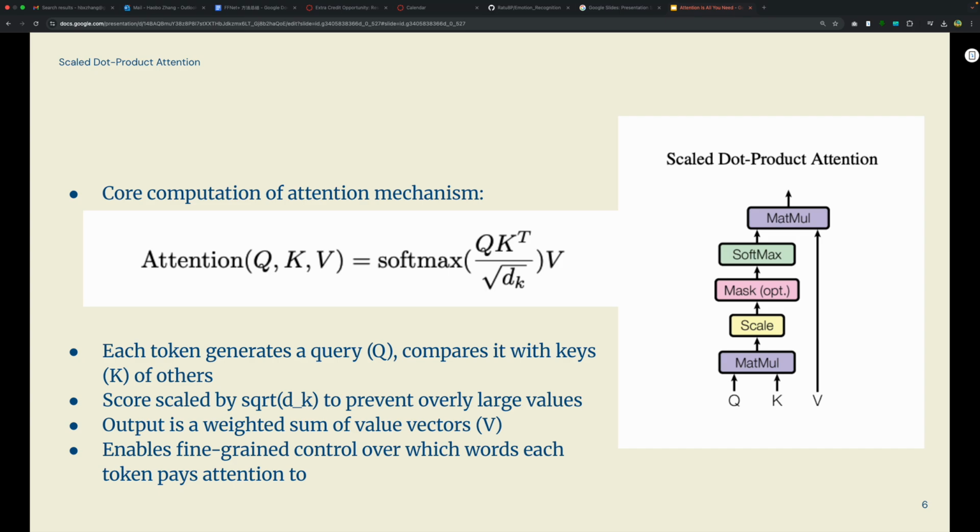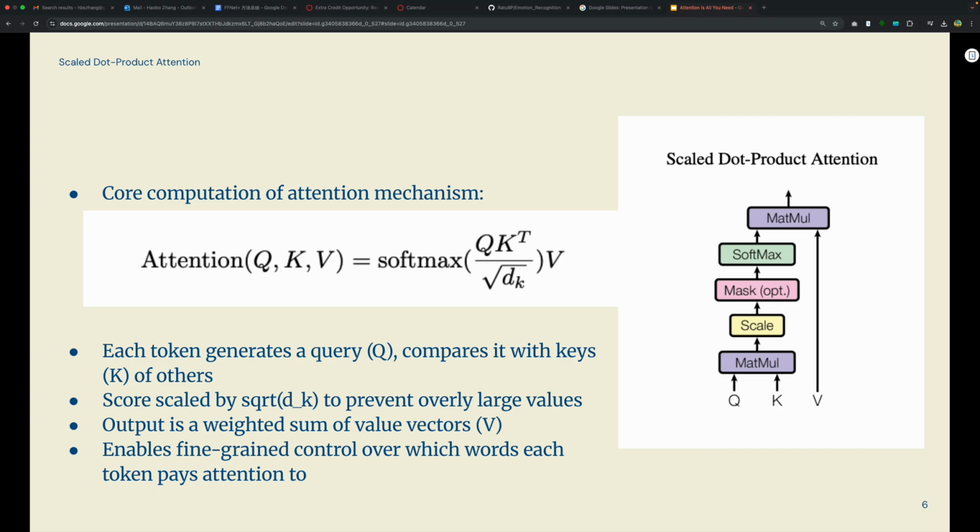The higher the score is, the stronger the relationship between those two tokens. However, those dot products can grow large in magnitude, especially when the dimensionality of the vectors is high. The model scales the scores by dividing by the square root of the key dimension.